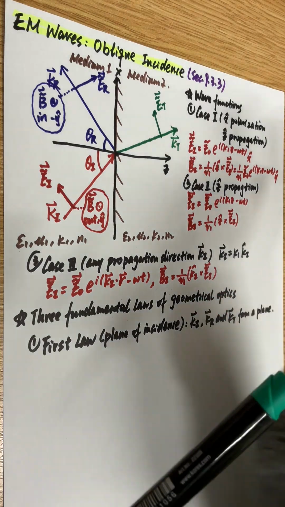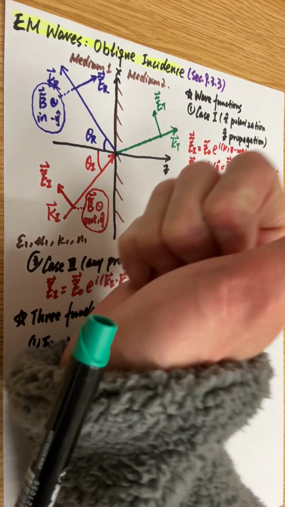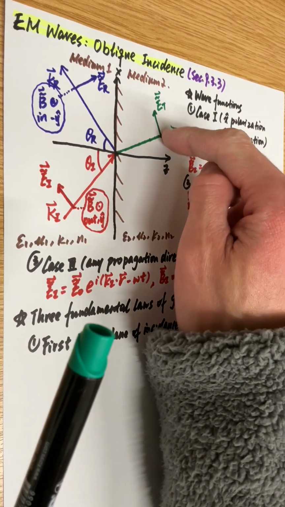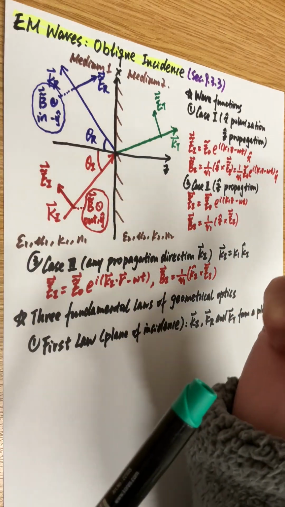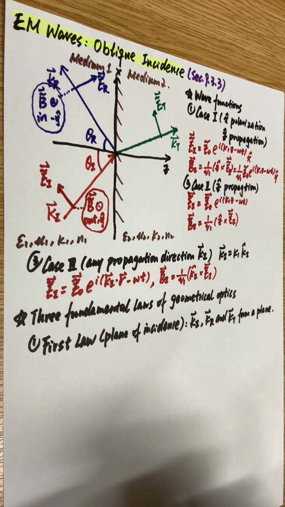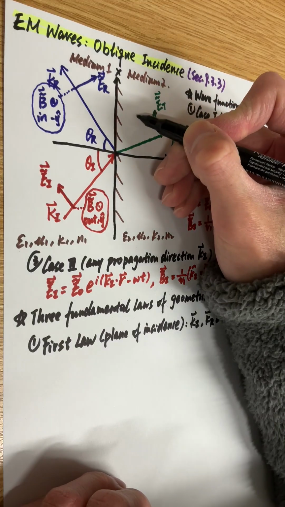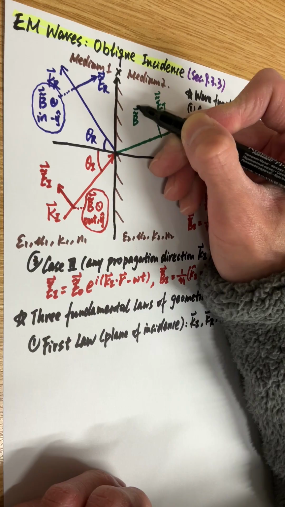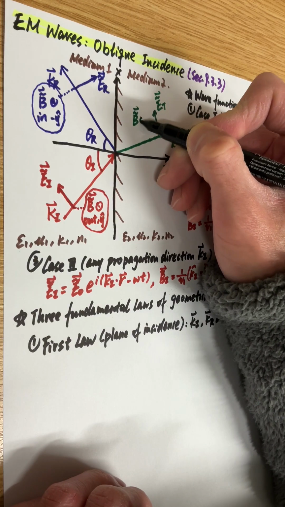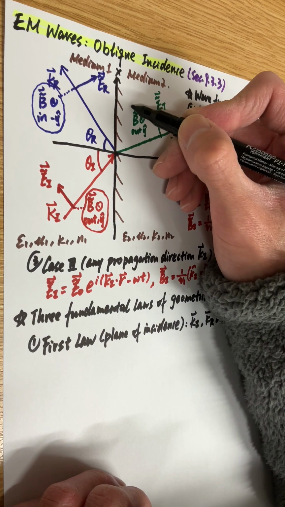Based on the right-hand rule here, with the propagation direction and the electric field, the magnetic field direction at this point is perpendicular, out of the plane. So the magnetic field direction is pointing out, which is the y direction.